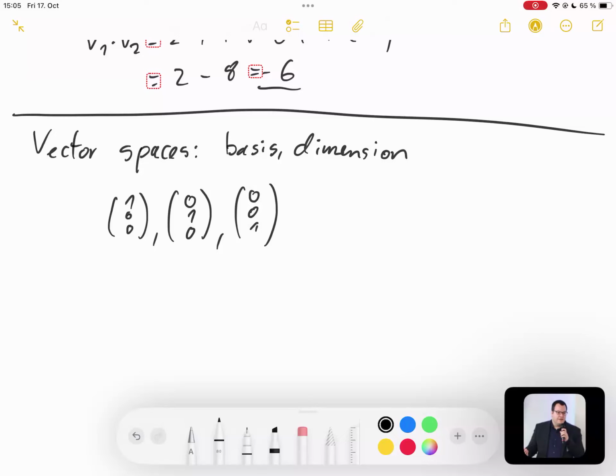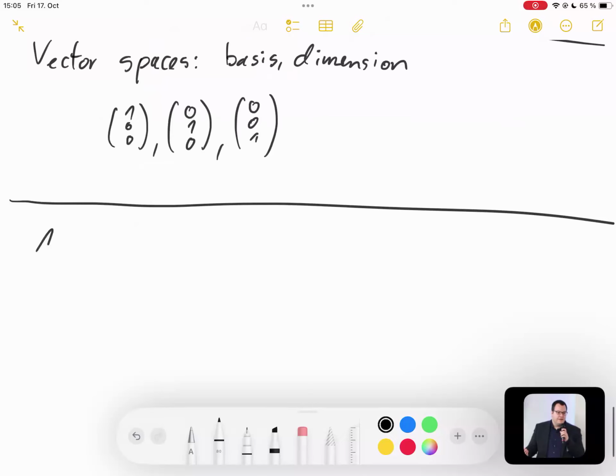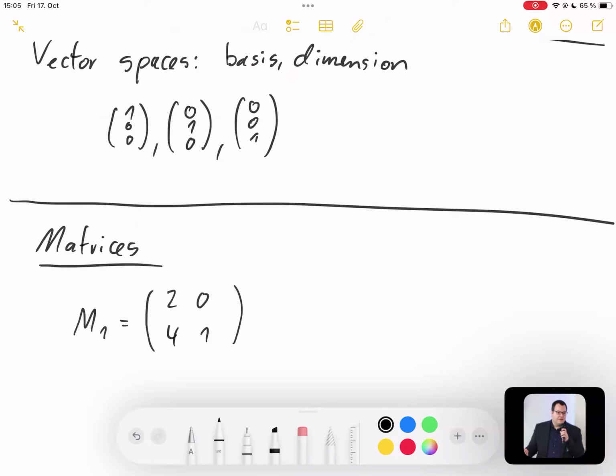Then, very briefly, we will still look at matrices. And when we look at matrices, we can say we can have M1, which is a matrix, something like entries 2, 0, 4, 1, and M2 is 1, -1, 2, and 4.